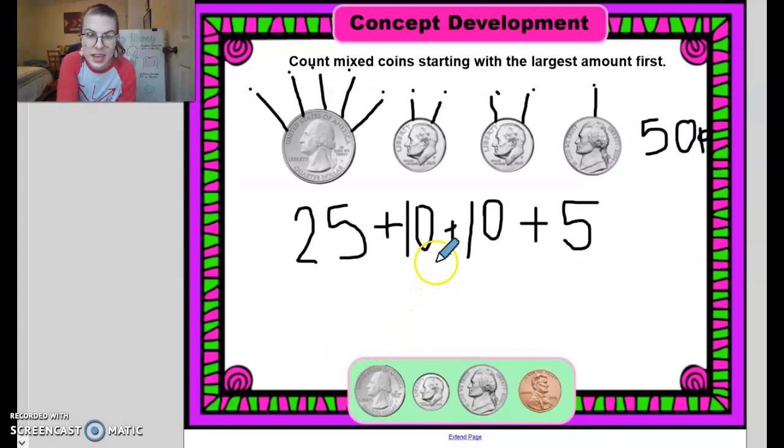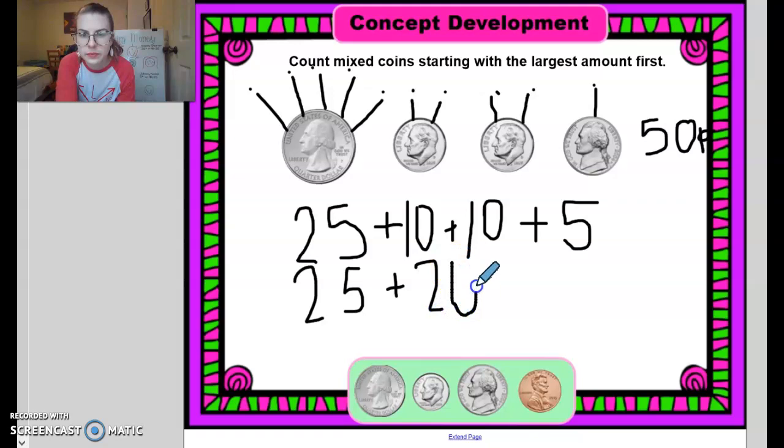Well, I know 10 and 10 make 20, so I'm going to shorten my sentence here. 25 plus 20 plus 5.